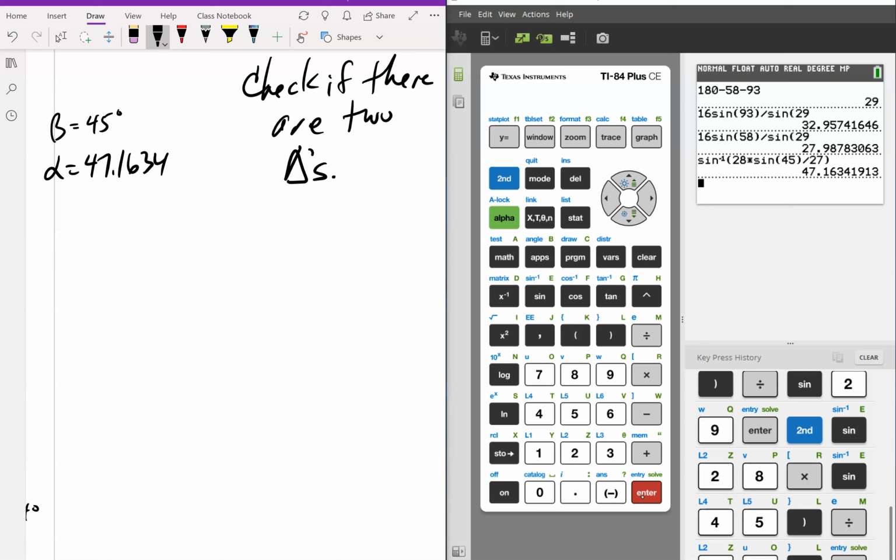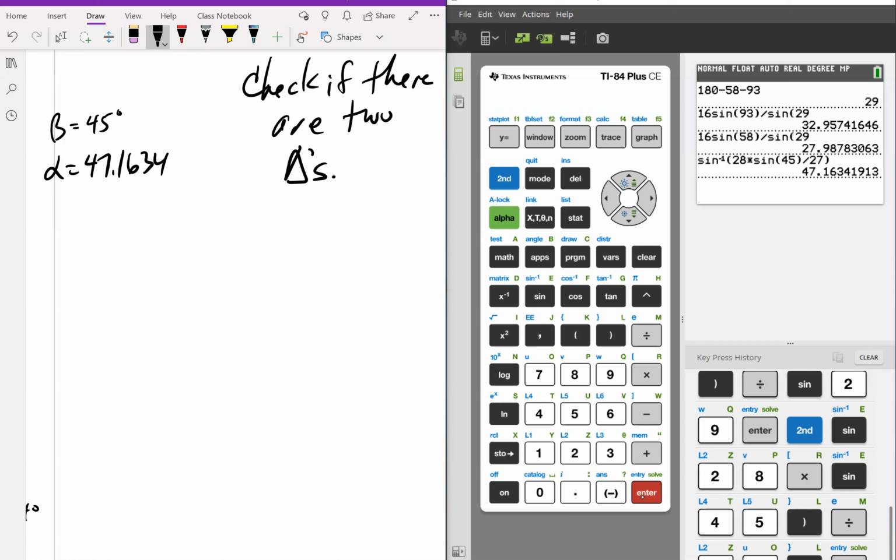We always check to see if there's two triangles if we use the law of sines first to find an angle. That's the only time we have to worry about it.